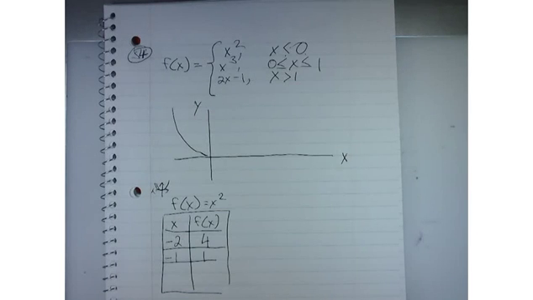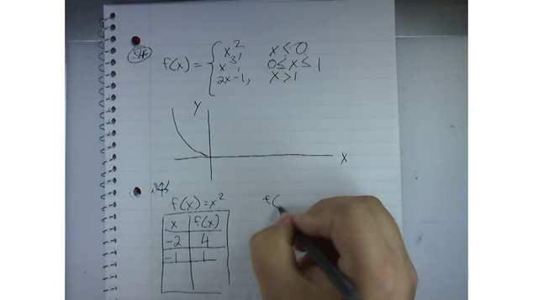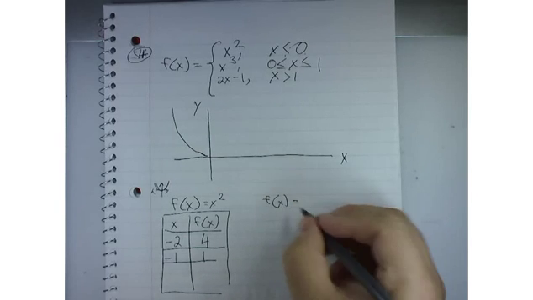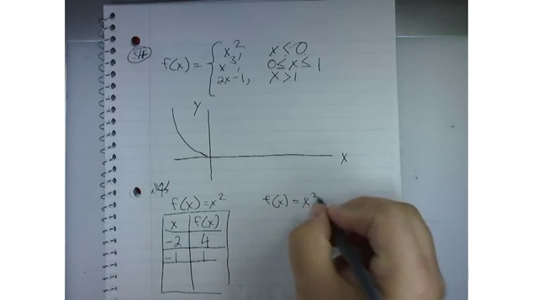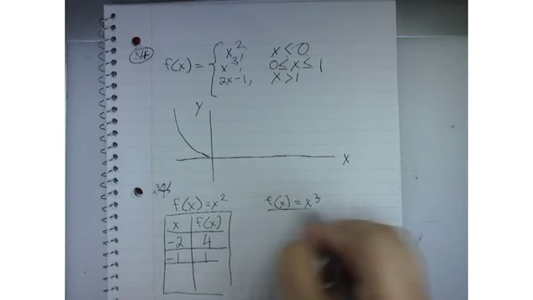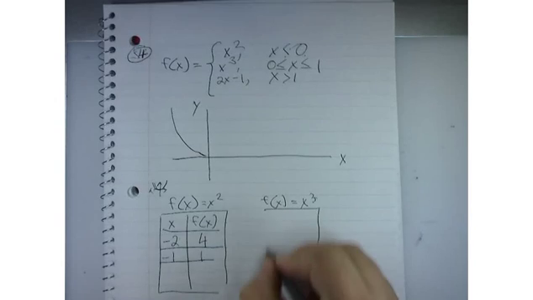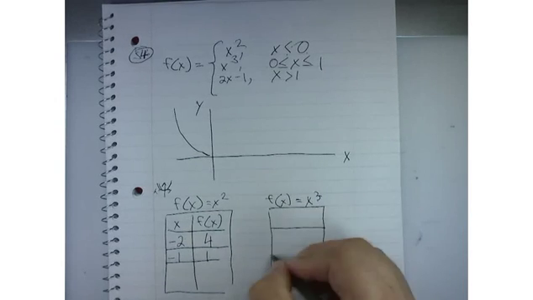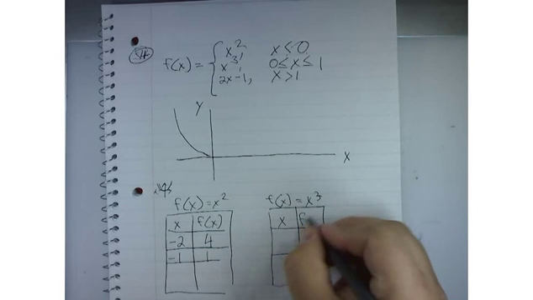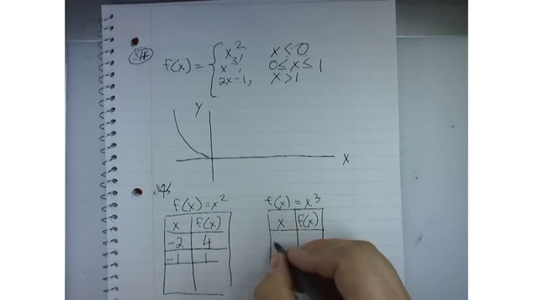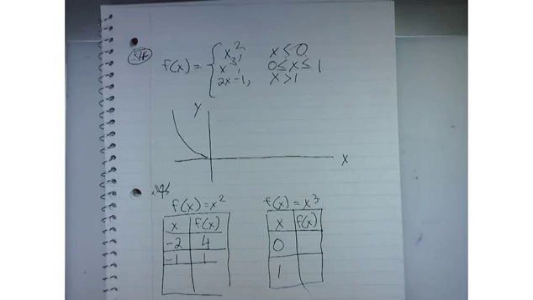Now, for the next function, I'm including 0 and I'm including 1. So I'm going to evaluate x cubed from 0 to 1. So I've got my x value here and f of x here. So I'm going to go from 0 and 1. Those are the two numbers that I can put in there.